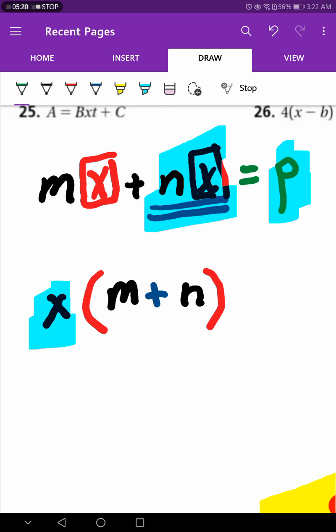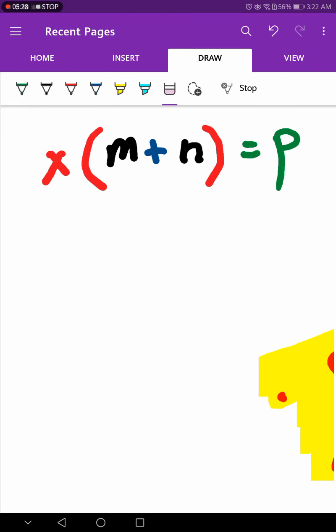So let us continue. Equal p. Okay, I take a lot of time to explain this, but please forgive me. Now the x is the variable.